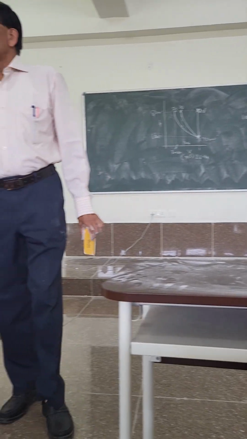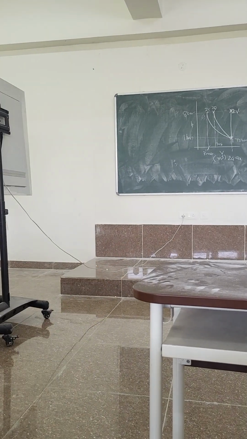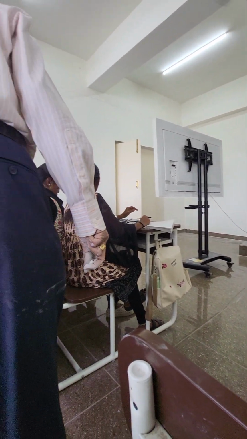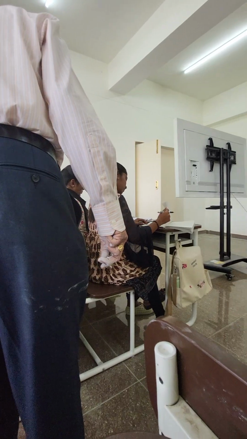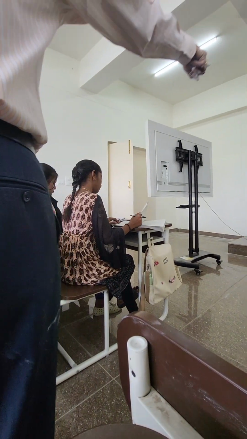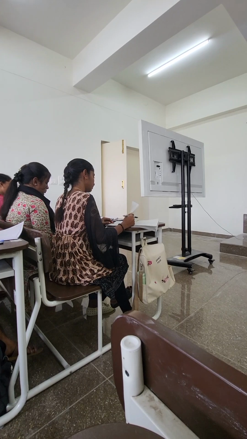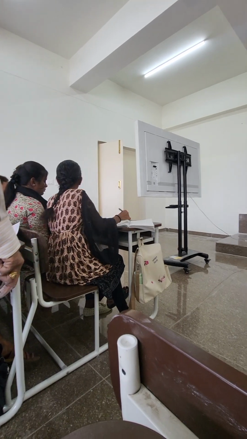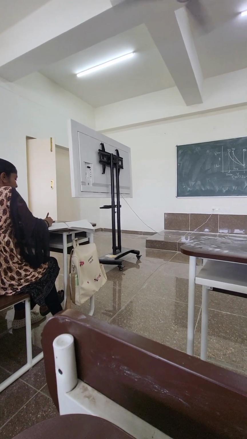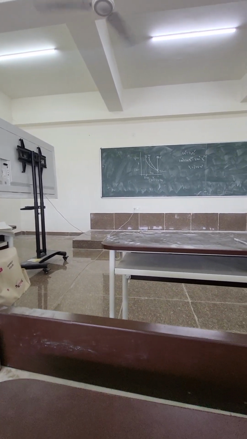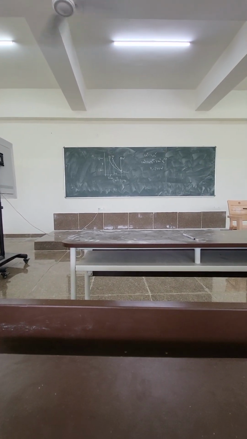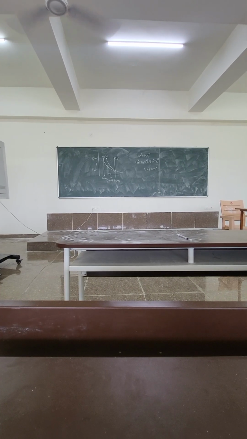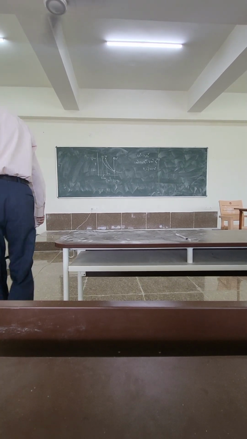How much is it? 691. 1.18 liter. No, this is not for the other. You only work with your own. Don't look at this. It is 5 times 1.18 divided by 8. Come on.